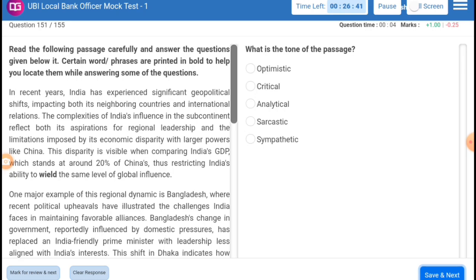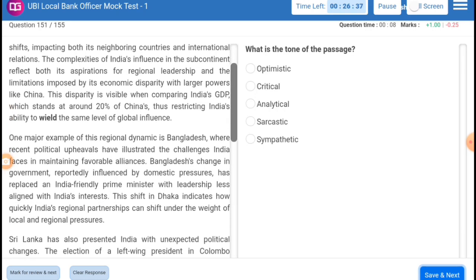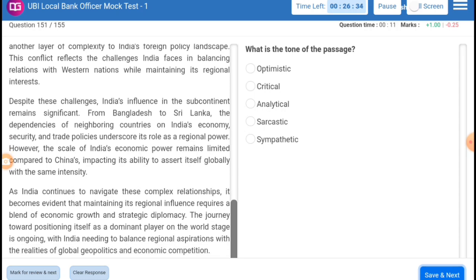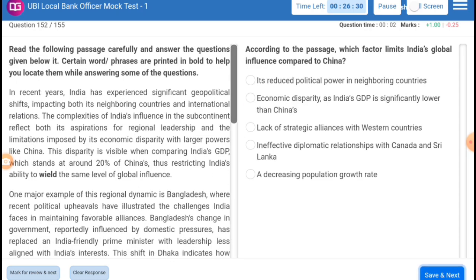Economic matters next. Analytical. According to the passage, which factor limits India's global influence compared to China?